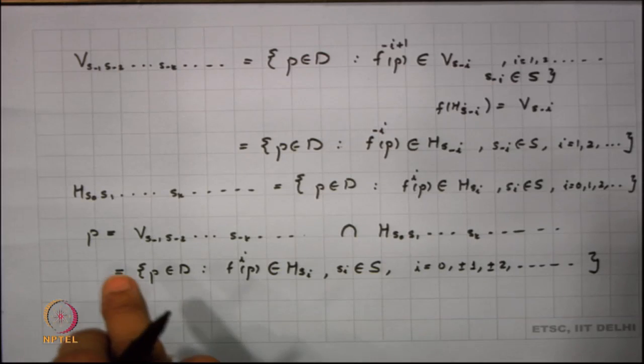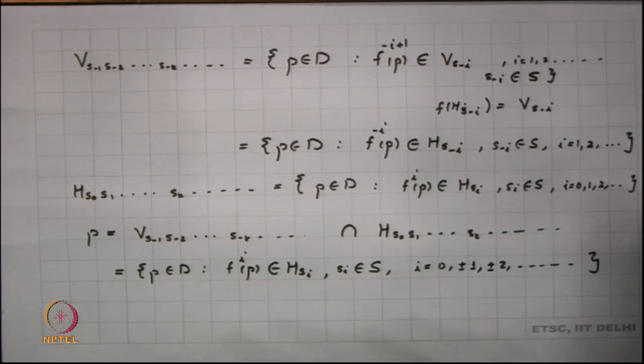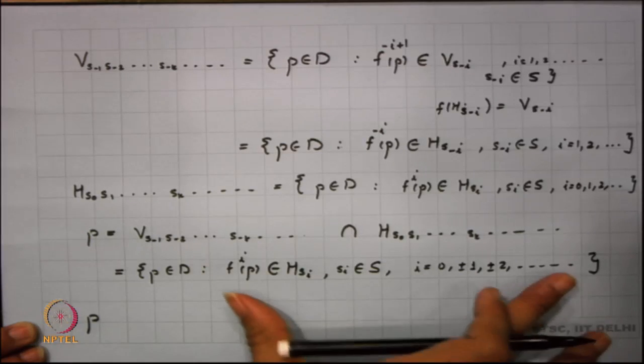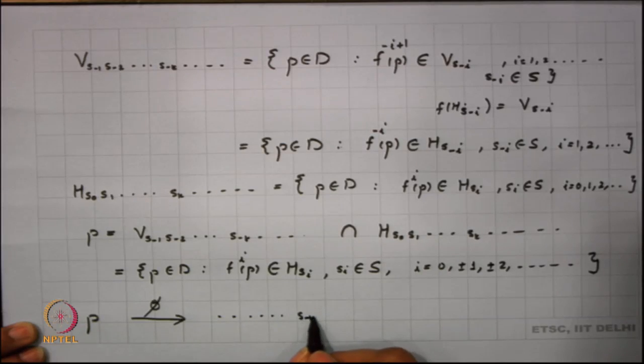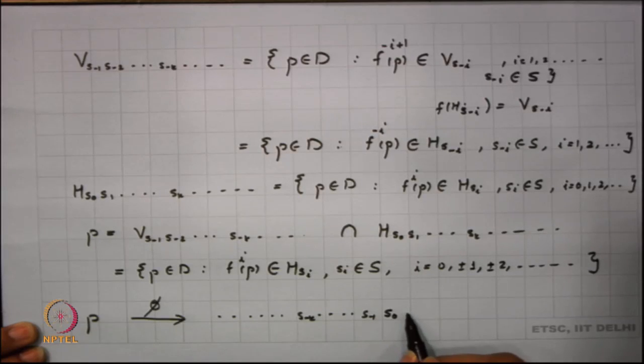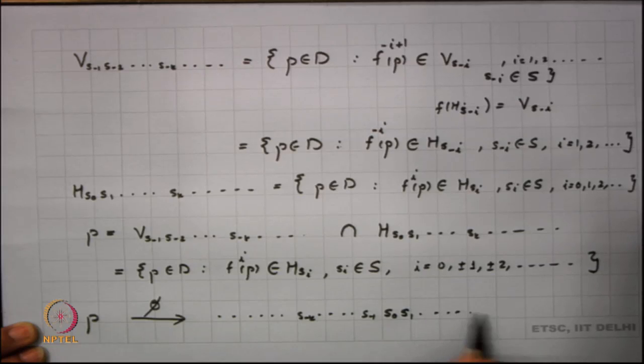At the ith stage, whether we go into the negative or the positive, it is going to stay in this rectangle H_{s_i}. And in that case, because this set is a singleton, this p is uniquely associated, let me call phi that association, to this bi-infinite sequence ..., s_{-k}, ..., s_{-1}, s_0, s_1, ..., s_k and so on.